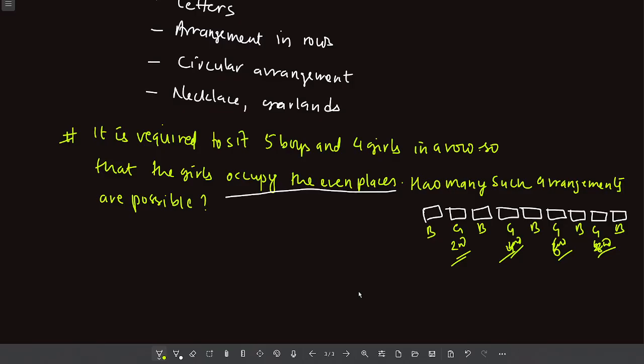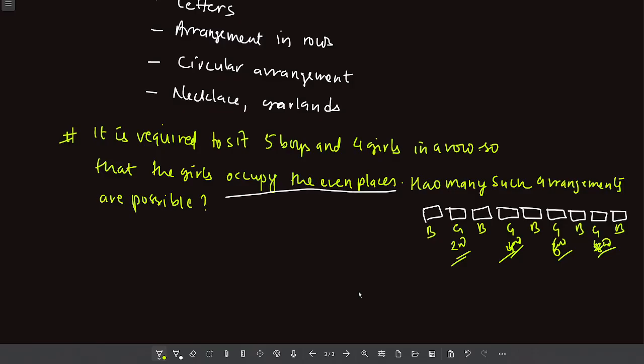Now, how many total places are there for boys? 5 places, right? If so, then in how many ways those 5 boys can be arranged in those 5 places? 5 factorial.